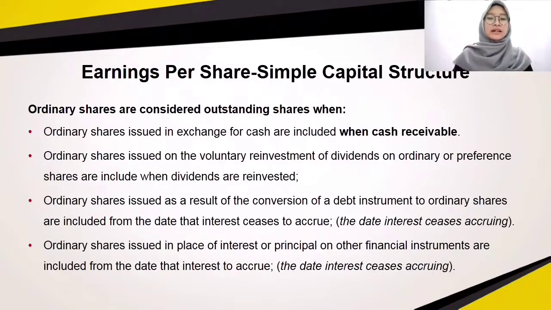Third, ordinary shares issued as a result of the conversion of a debt instrument to ordinary shares are included from the date that interest ceased to accrue. Ordinary shares issued in place of interest or principal on other financial instruments are included from the date that interest ceased to accrue.